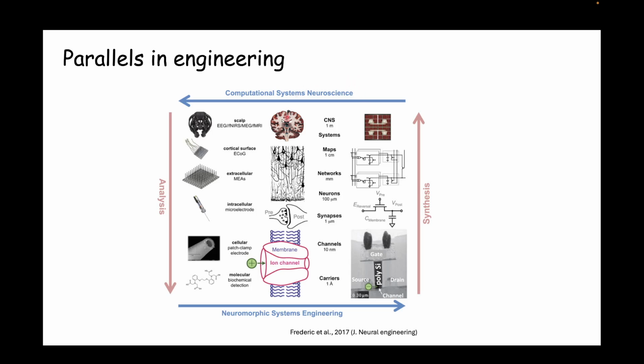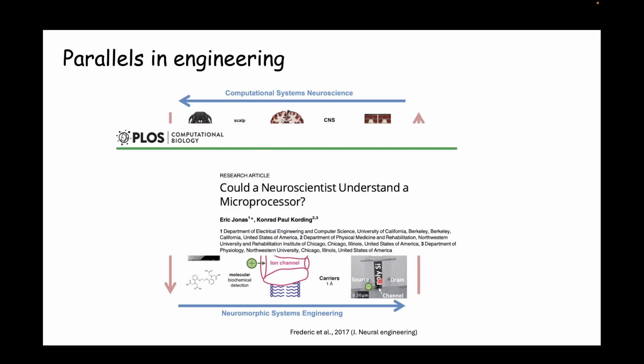And similarly, when you draw parallels in engineering, as you can see here on the right side, you can study at the whole systems level, and then you can have a logical map level, and so on. You can go to the very bottom silicon level and study how the components in an electronic circuit interact. I also want to mention a study called "Could a Neuroscientist Understand a Microprocessor?"